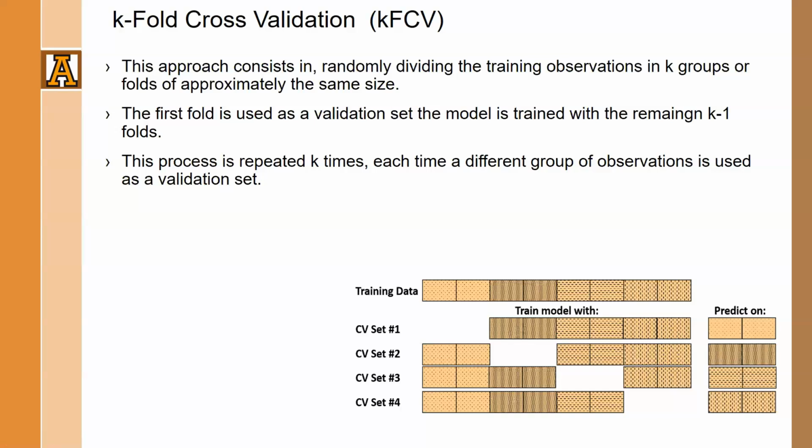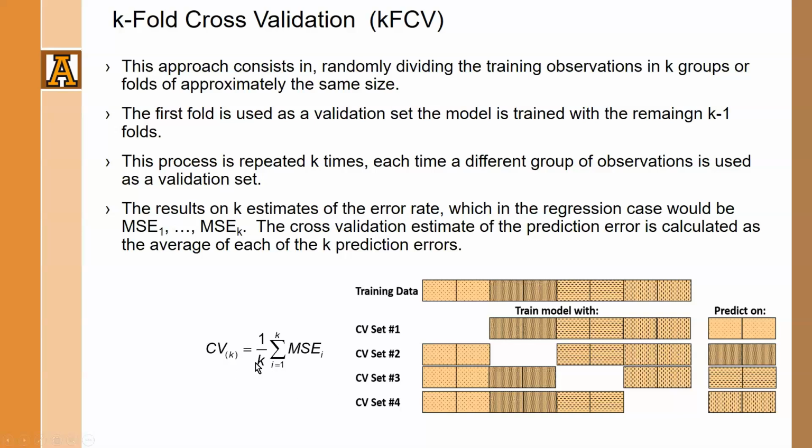So now what we are going to be doing is this thing. And before I move out of this picture, let me put the formula here. For this set that we're predicting on, we get an estimate of the mean square error.